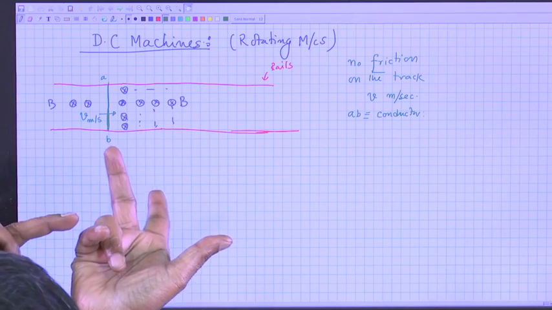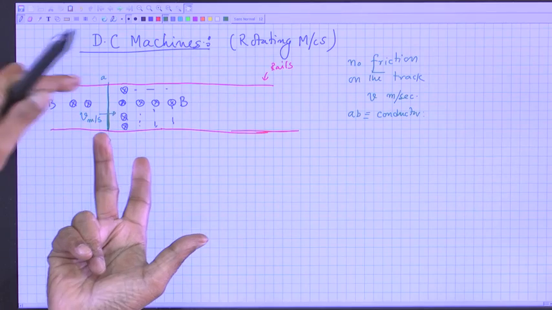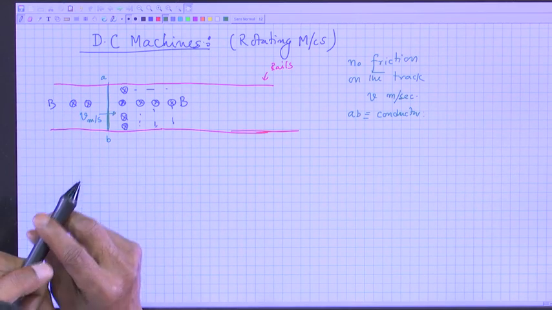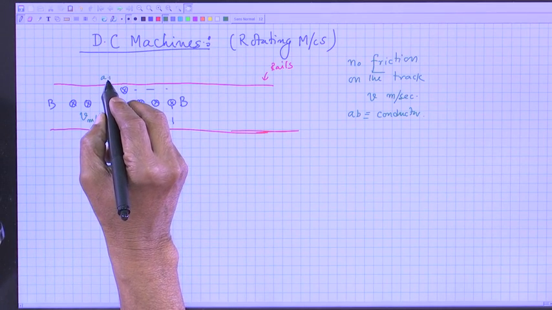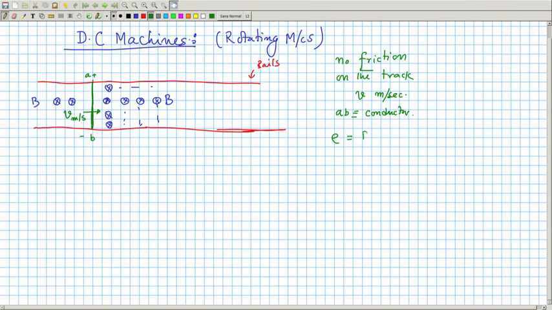So, the forefinger is B, the thumb gives you velocity, and the end of the middle finger will give you the polarity of the induced voltage, that is A will be plus, b will be minus, and the magnitude of the induced voltage will be BLV. That is, this is equal to the potential of A with respect to b, that is how we write. A will be positive, BLV. And what is L? L is equal to the length Ab, the conductor length.